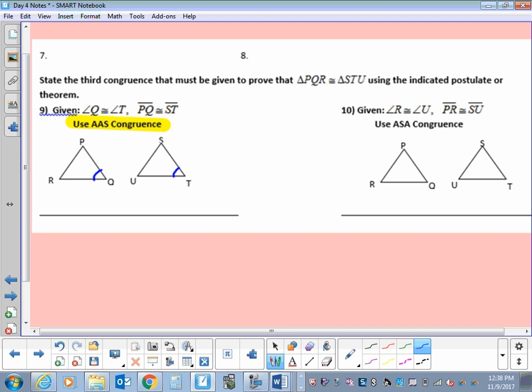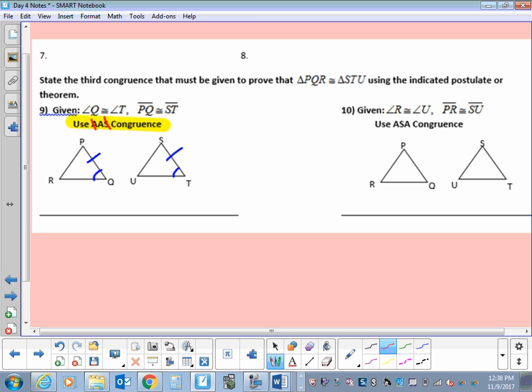Alright, PQ is congruent to what? It's congruent to ST. So that's what they gave us. They gave us those two directions. Angle Q is congruent to angle T, and then PQ is congruent to ST. If I need to prove angle, angle, side, I already have an angle, I already have a side.